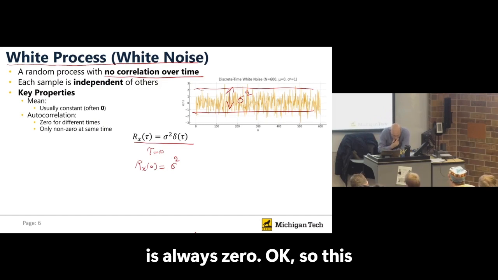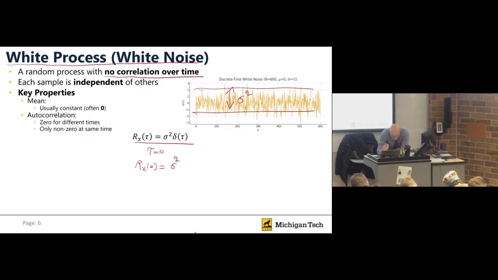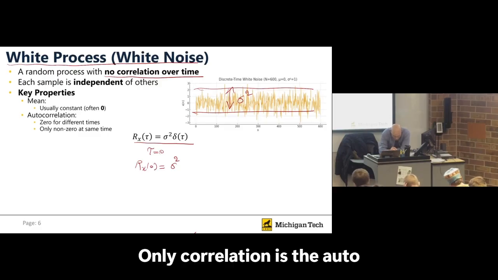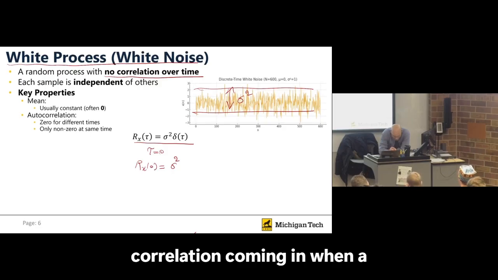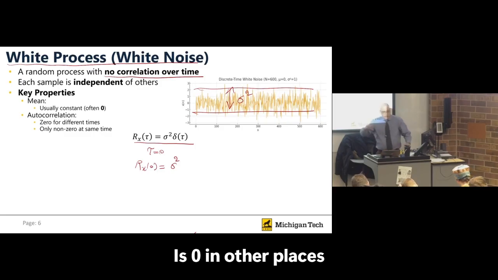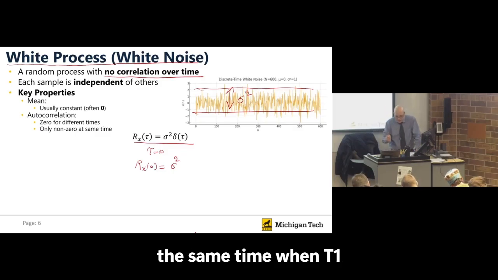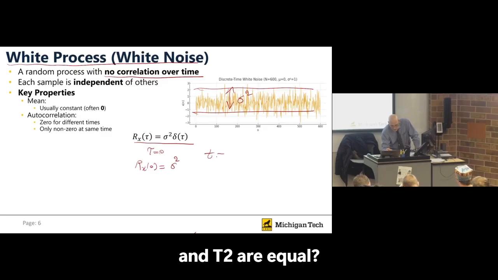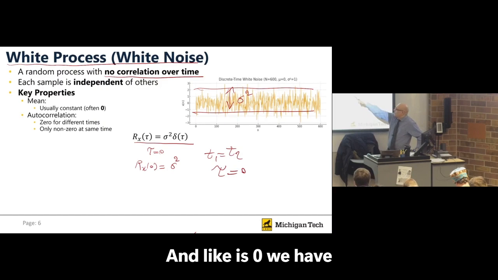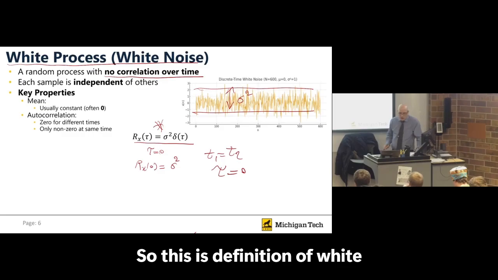Okay, so this is a white process. The only correlation is the autocorrelation at lag 0, when t1 and t2 are equal. It is 0 in other places. So this is the definition of a white process.